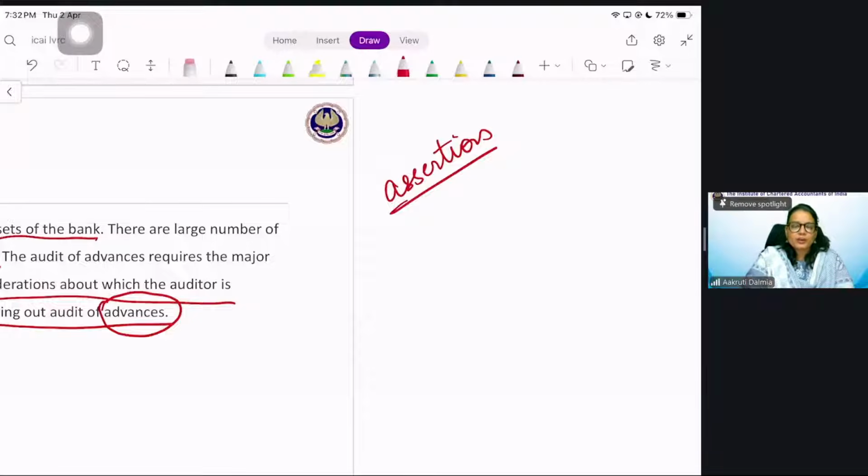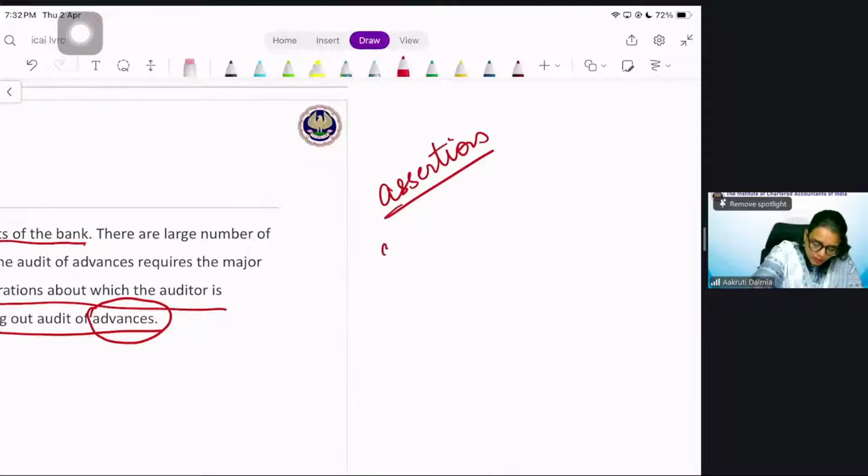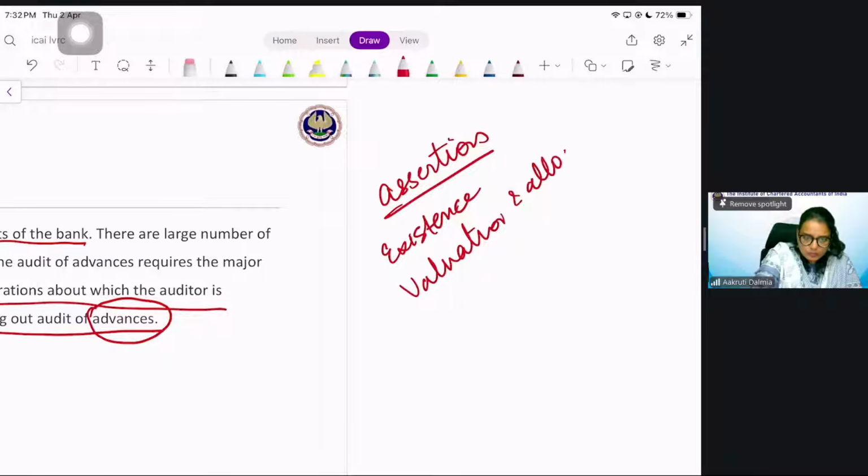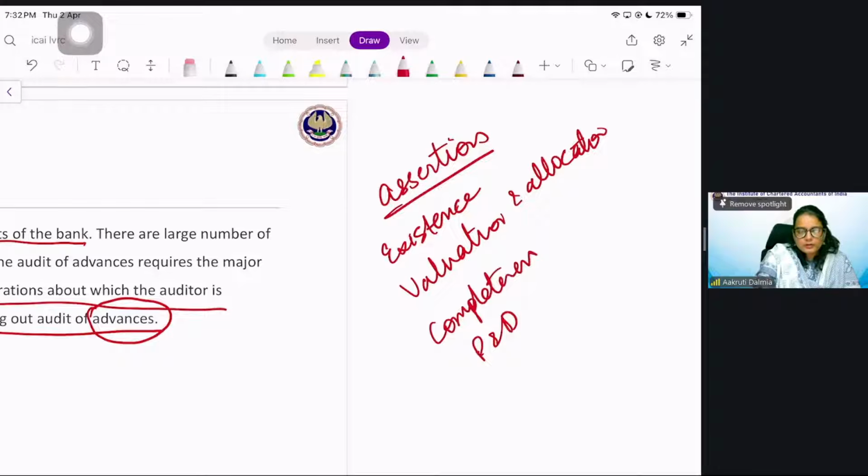Very good. Astha has told existence. Valuation, very good. Valuation and allocation. What else? Puja, very good. Completeness. Presentation and disclosure. ये याद है ना? ये बोलते हैं assertions. Yes or no?